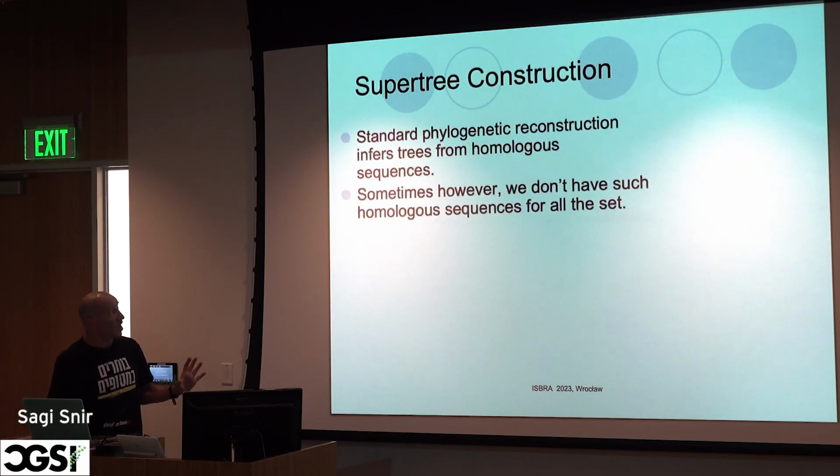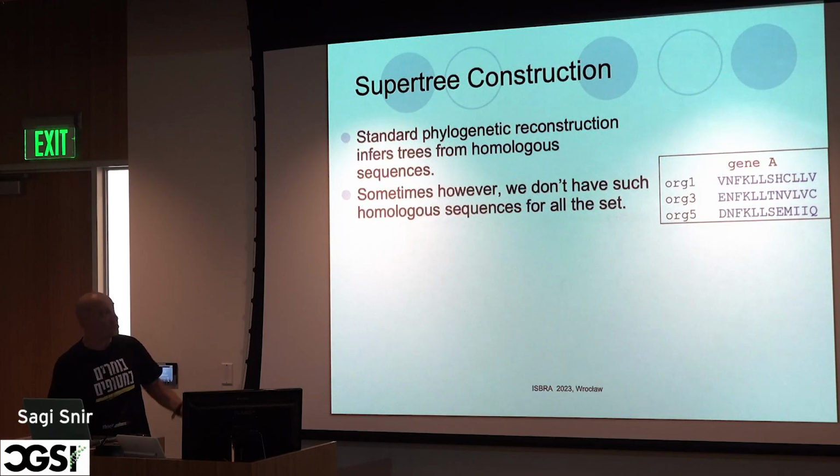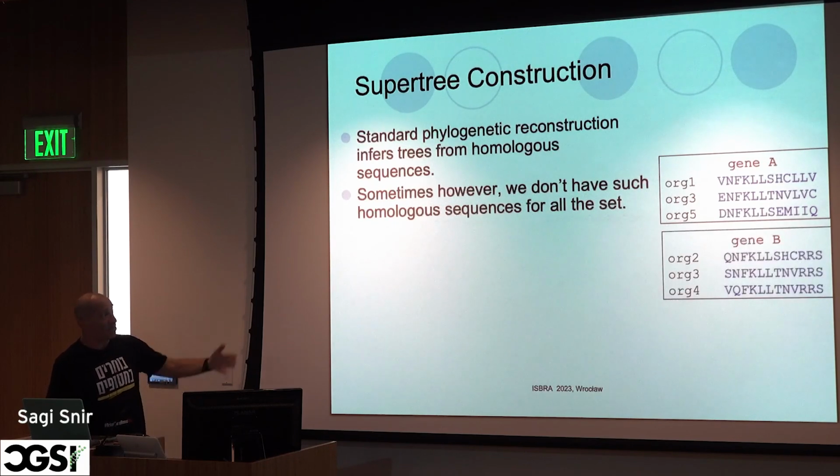However, sometimes we don't have such homologous sequences for all the species. So sometimes organisms 1, 3, and 5 have gene A, but the other organisms don't have gene A, and they have gene B instead.